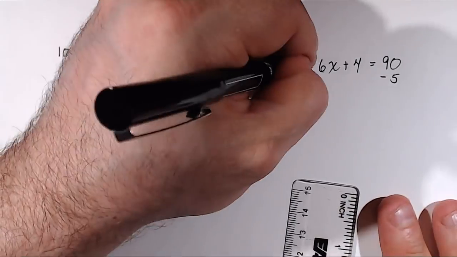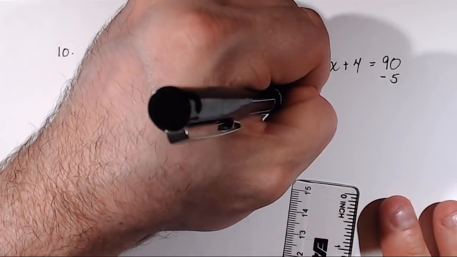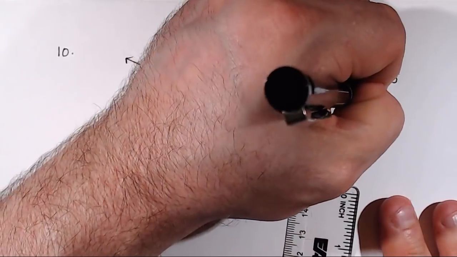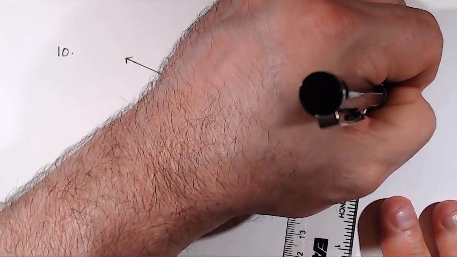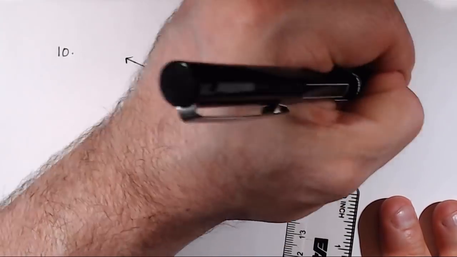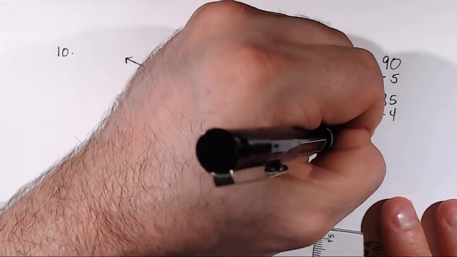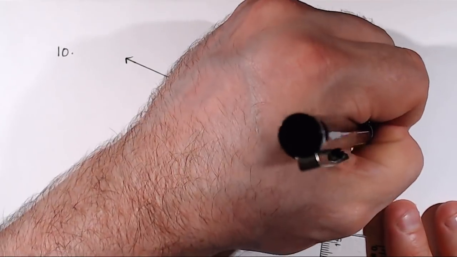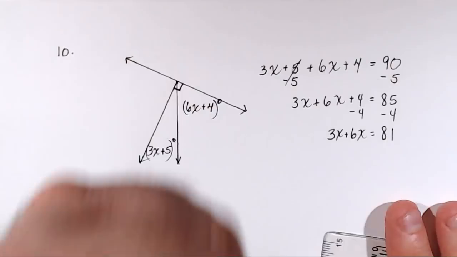Subtract 5 from both sides, and you get 3x plus 6x plus 4 equals 85. Subtract 4 from both sides, and now you have 3x plus 6x equals 81.